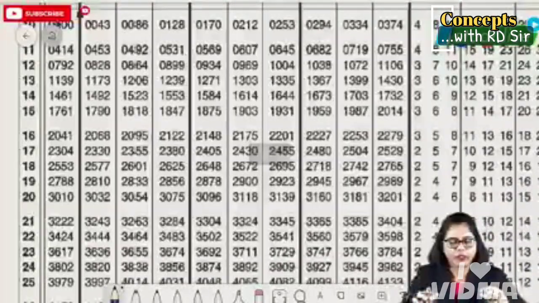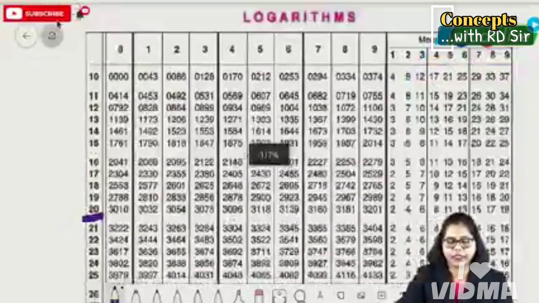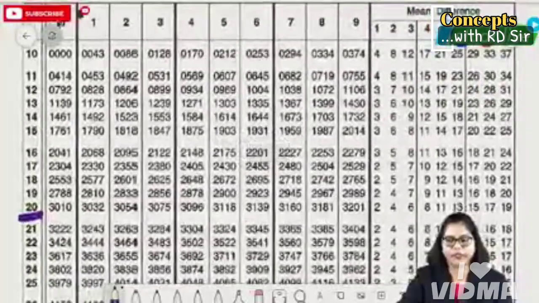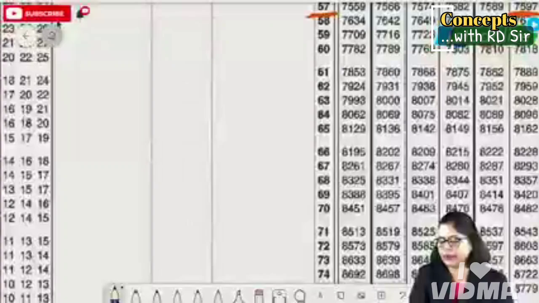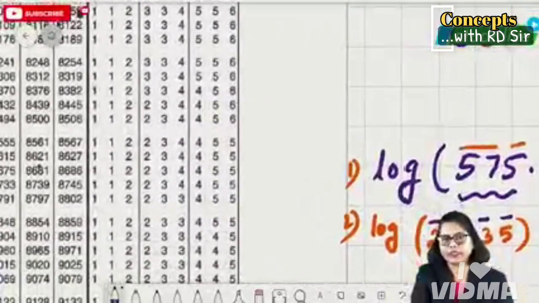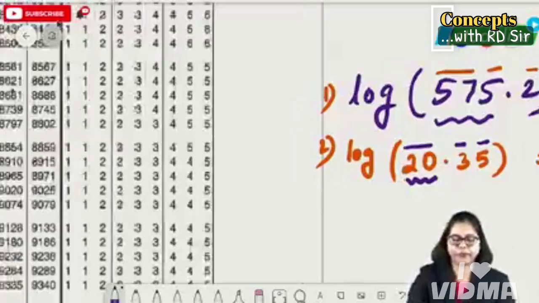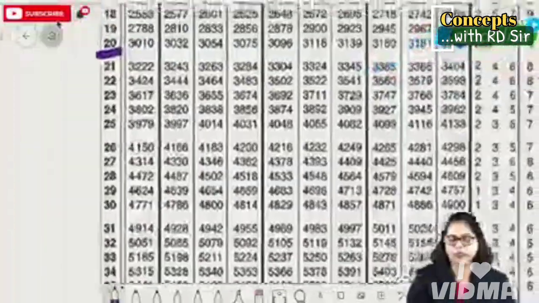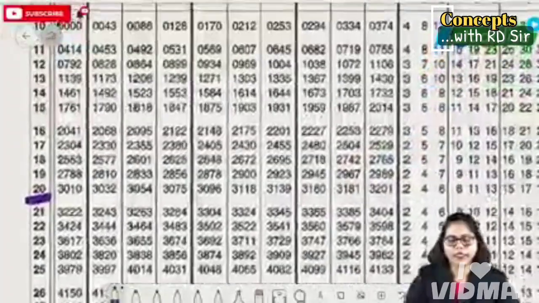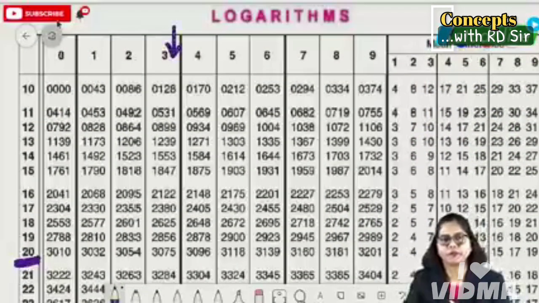20. Right? This is that 20. Correct? 20 दिख गया. Then उसके बाद में कौन सा नंबर था? Yeah, check here. Which was the number? 3 and 5, right? 20, 3 and 5. Okay. So I am going again to that particular part. 23. 3. This column I am going to check. Okay.